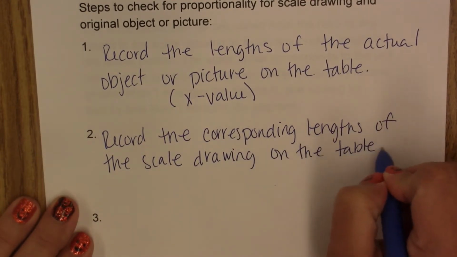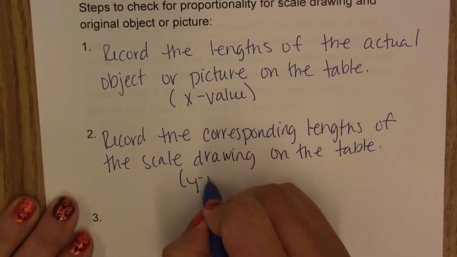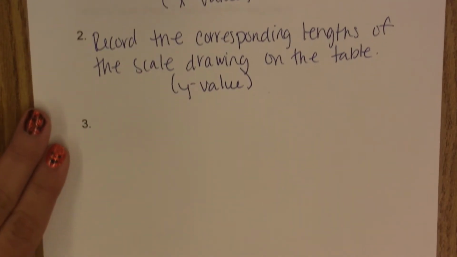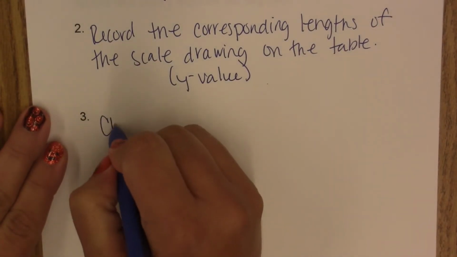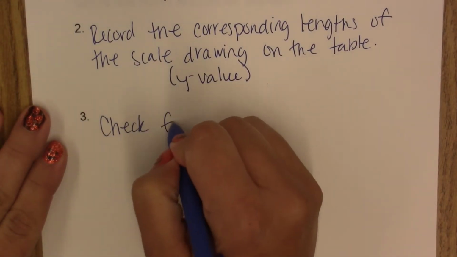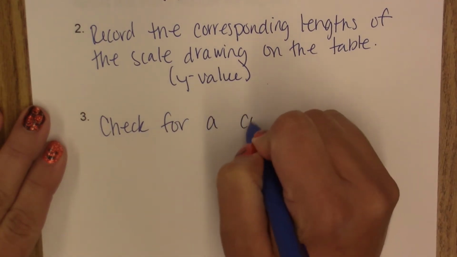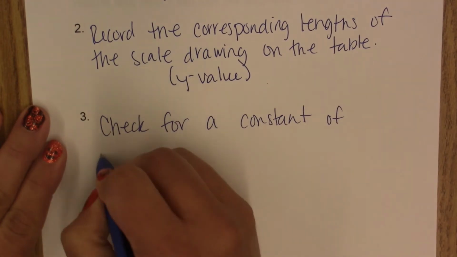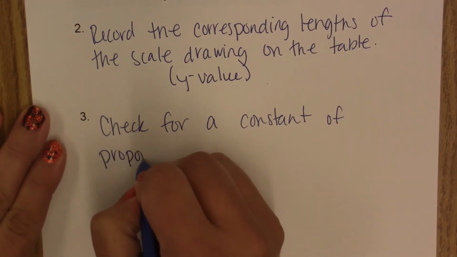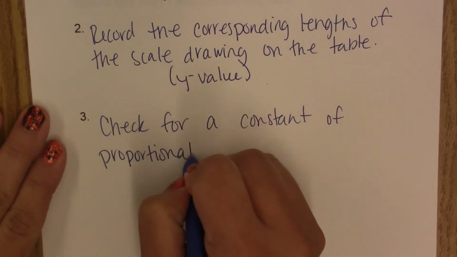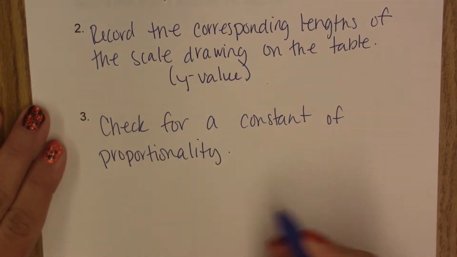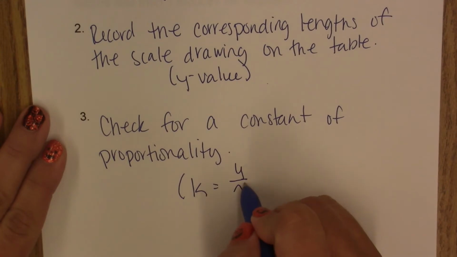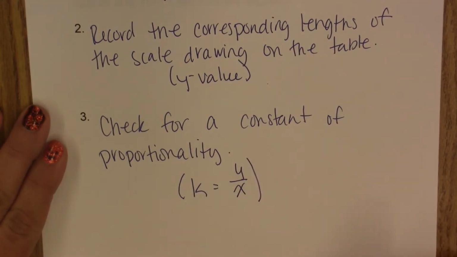And this is creating that y value. And then our last step is to check for proportionality, or for a constant of proportionality. To find that k value, we do y divided by x.